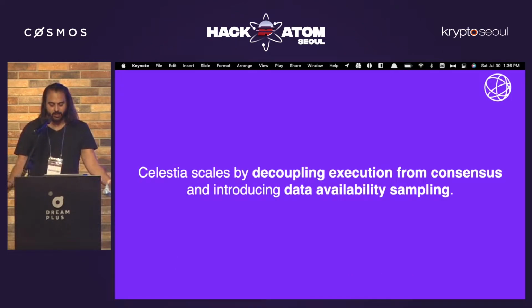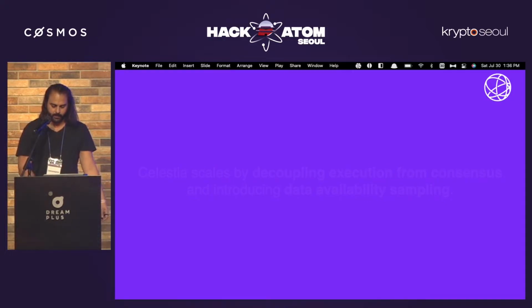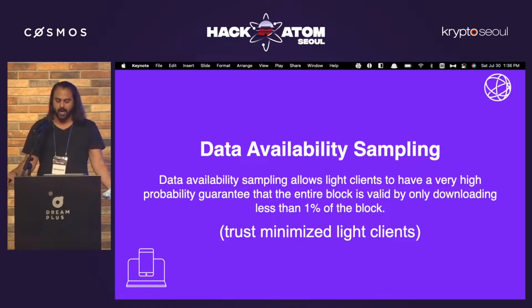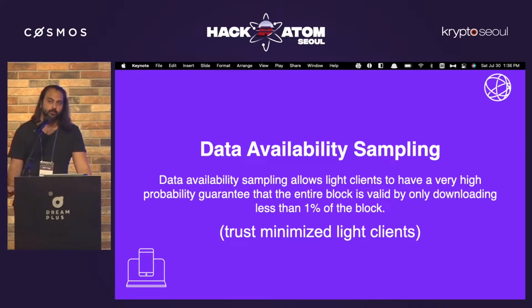So Celestia scaled by decoupling execution from consensus and introducing what we call data availability sampling. Now, what is data availability sampling? It allows a light client to have a very high probability guarantee that the entire block is valid by only downloading less than 1% of the block.